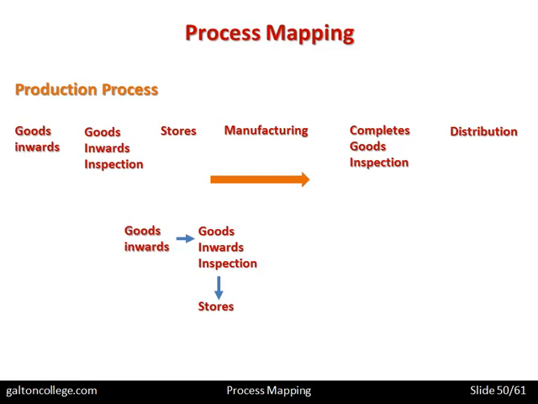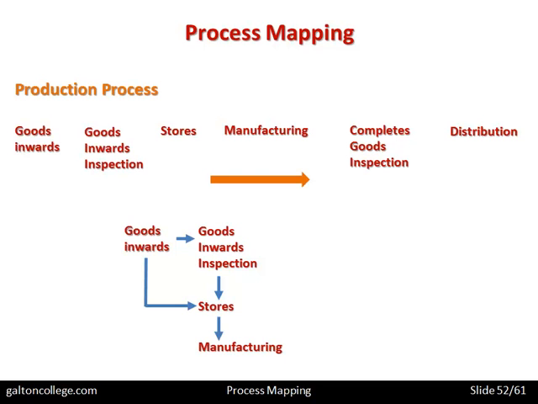Bearing in mind, as I said, depending on the philosophy of the management or on the technicalities of this particular product, it may be that the company is able to use just in time and there would be no stores. It would go perhaps straight into production. But let's just say in our simple example here, the goods are inspected and then they go to the stores. But as I said, it could be goods inwards straight to the stores. So that's an alternative.